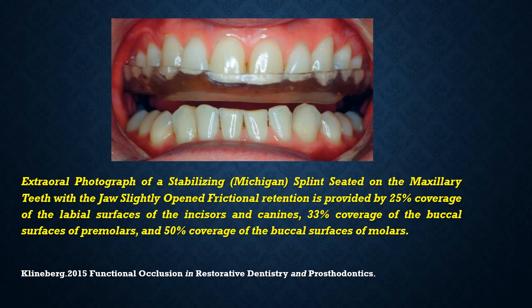The coverage of the teeth increases as we go backward, so that the coverage anteriorly upon the labial surface of the incisors and canines will be 25%, there will be 33% coverage of the buccal surface of the premolars, and the buccal surface of the molars will be covered by 50%.